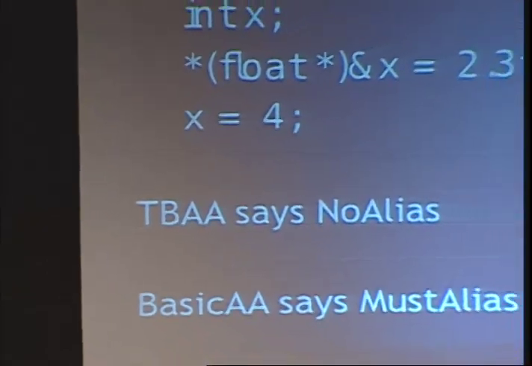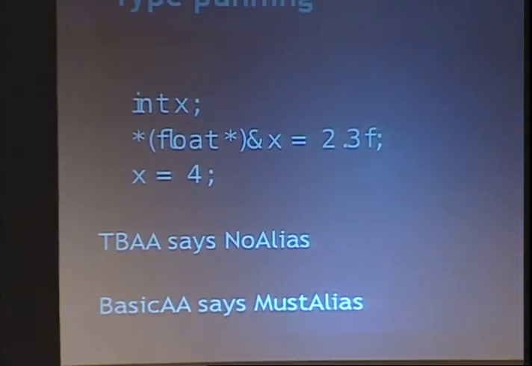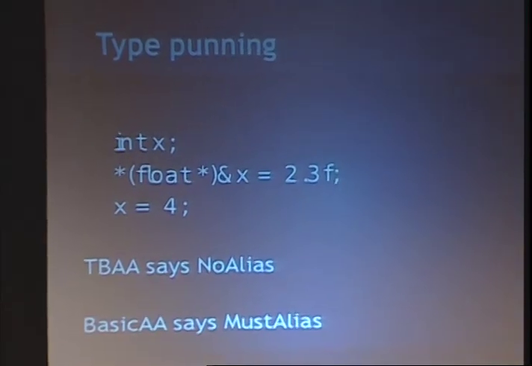But you must be conservative in order to not generate bad code, right? Eventually, you can't say no alias for this case. Something like this, where people are directly manipulating the bits of a floating point number, that's a very important case.